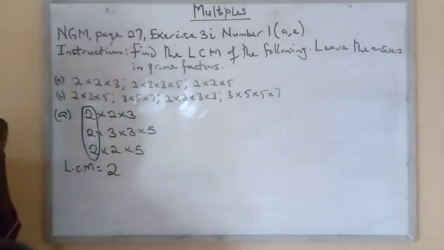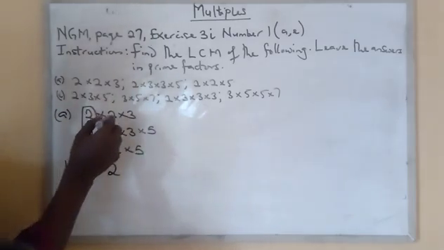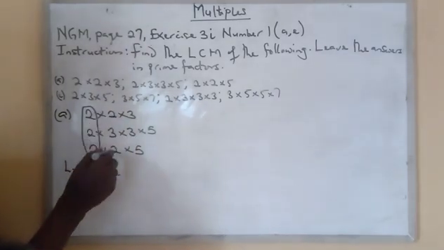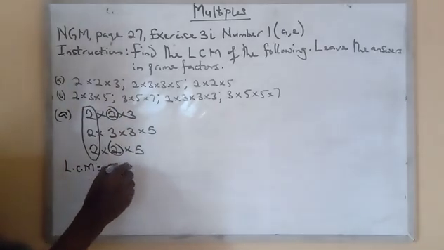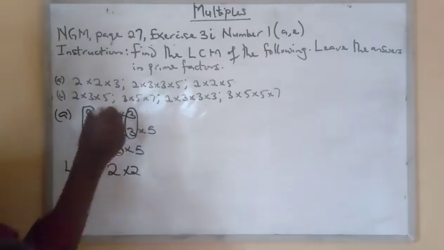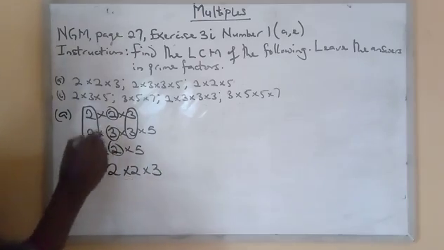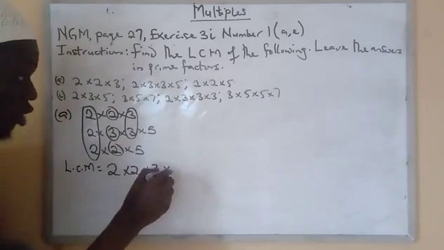Then no other one is common again. So here there is 2, we take it also as 1. Here there is 3, we take it as 1. And here there is 3, we take it also as 1.